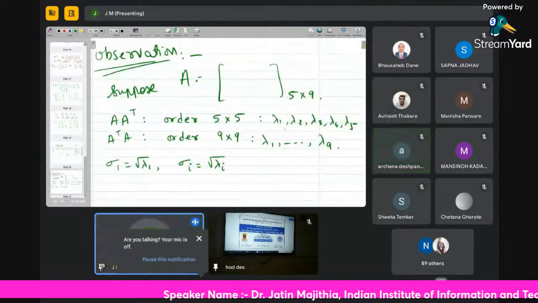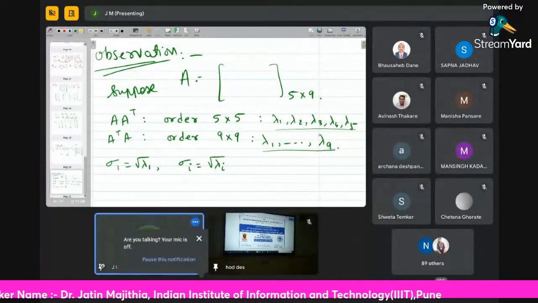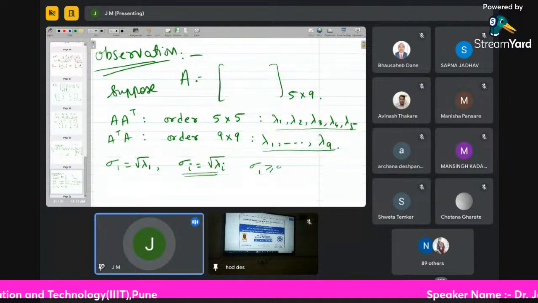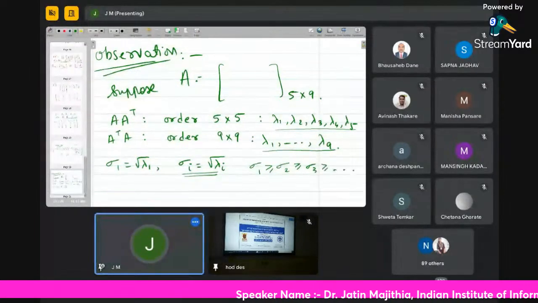Here you are having 5 eigenvalues, here you are having 9 eigenvalues. What you do is you take the square root of lambda i's and you always choose the sigma i's in the non-increasing order. Okay, that's one thing to observe.